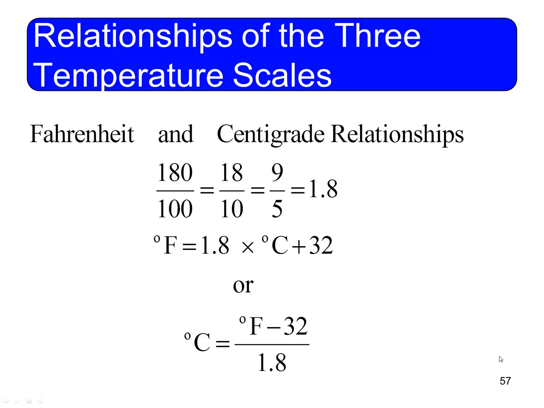This shows the ratio. If you look back at those thermometers, for every 180 degrees in Fahrenheit there are 100 degrees in Celsius, and it shows how we reduce the ratio until we get 9 divided by 5, which is 1.8.